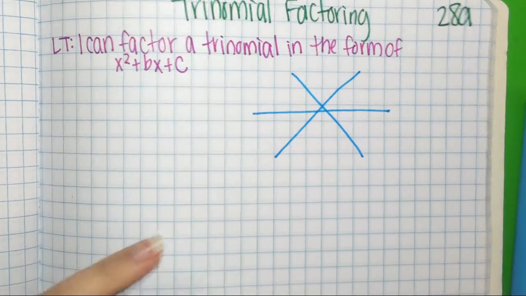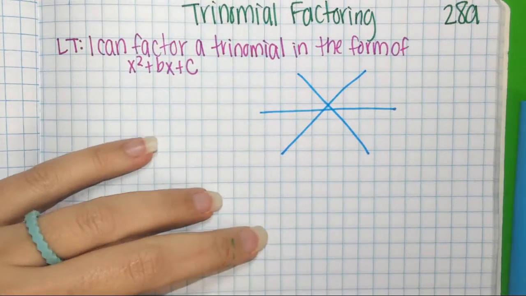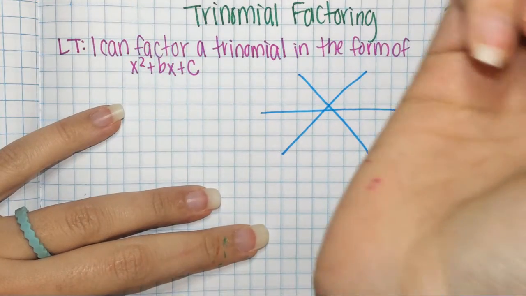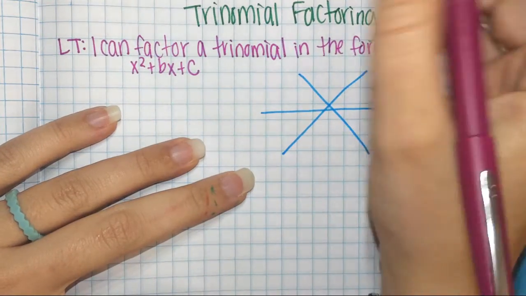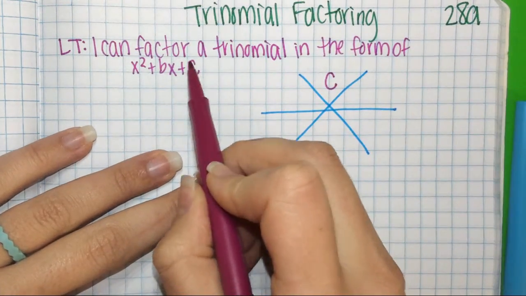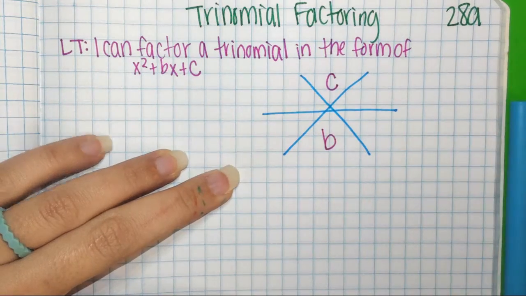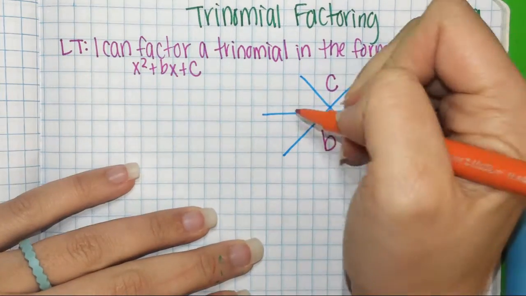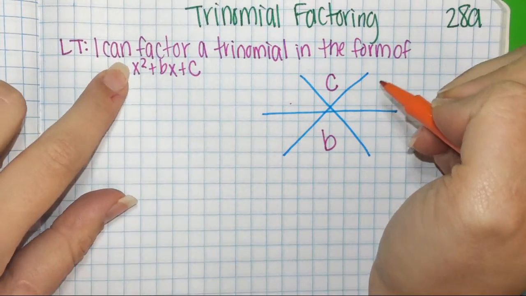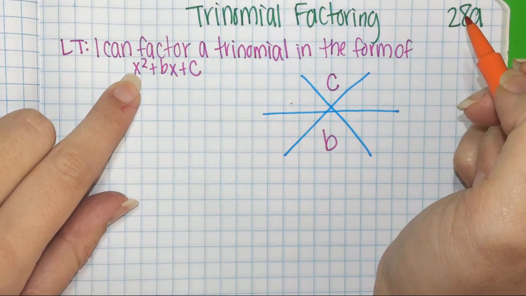Alright, so now you have special things that you put in each part of the star. You're going to put C up here. Whatever number's in the place of C goes here. And you're going to put B here. Now up here and here is the number in front of X. What number is in front of X right now?